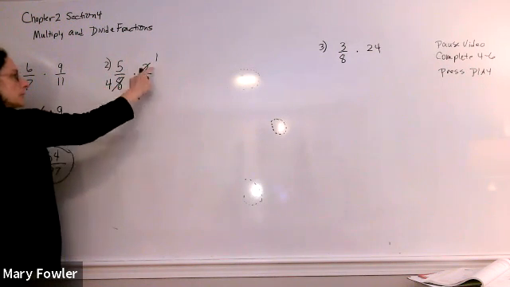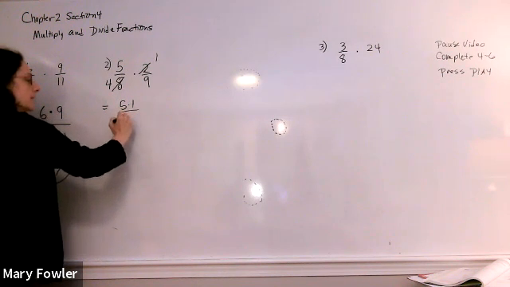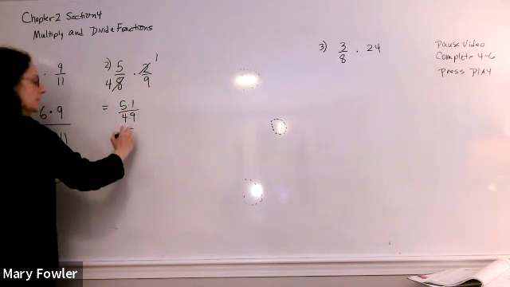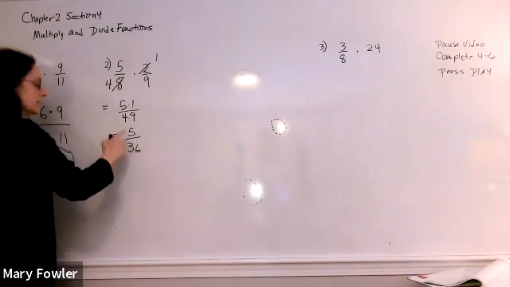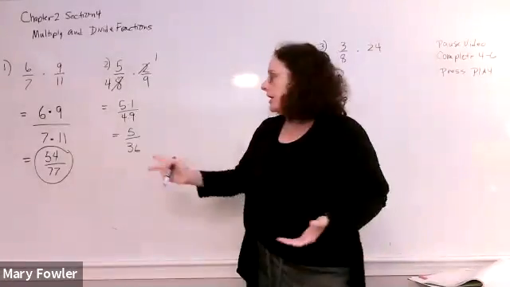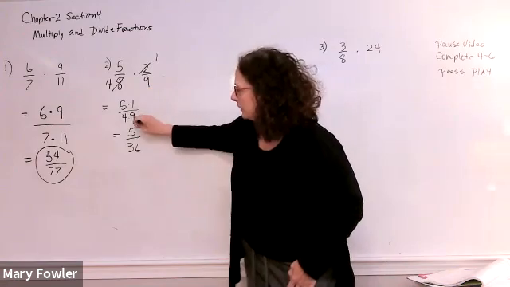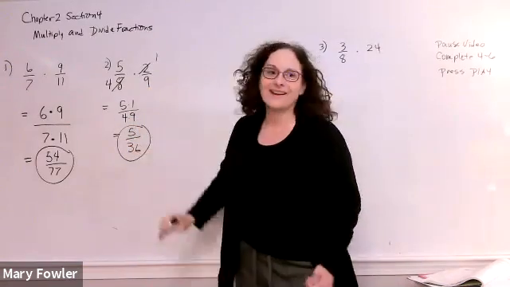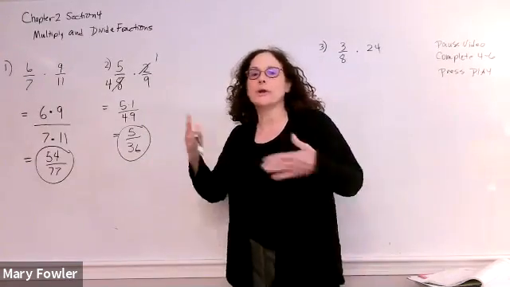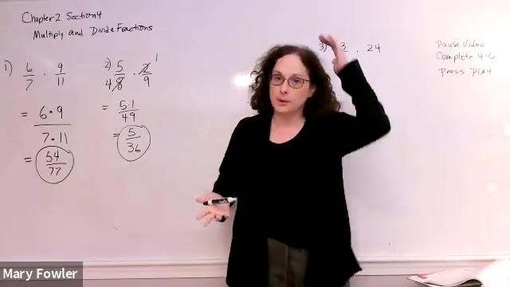Now we're going to multiply across. 5 times 1 divided by 4 times 9, 5 over 36. It's in lowest terms. It's going to be in lowest terms if you've canceled all the common factors up here, but you could just check. But we know that that's the right answer. Okay, so we're going to move forward. We're always going to try to cancel our factors before we multiply.